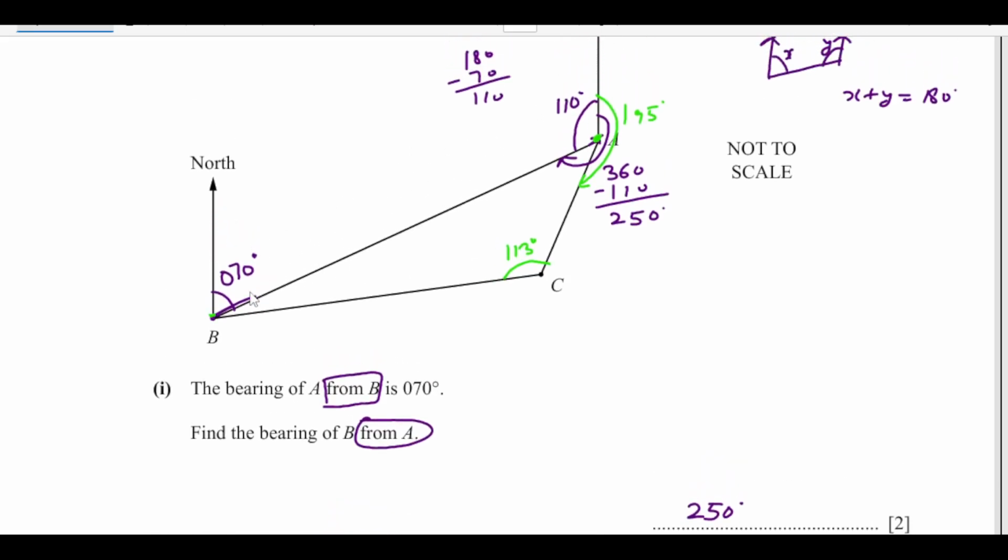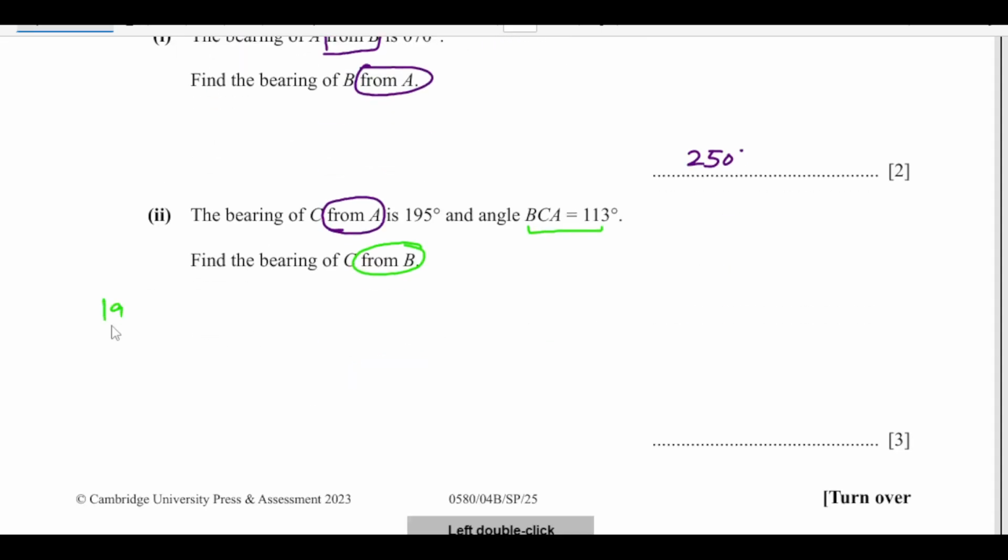Bearing of C from B. So this is point B, starting from this north line to here. We are looking for this angle. So now you see, to find out this angle, we have this angle is 70, and we can find out this angle at B, the smaller one, then we will add that, right? So now if this is 195, you see now here 195 plus 110, let me write it down, 195 plus 110, this comes out to be 305.